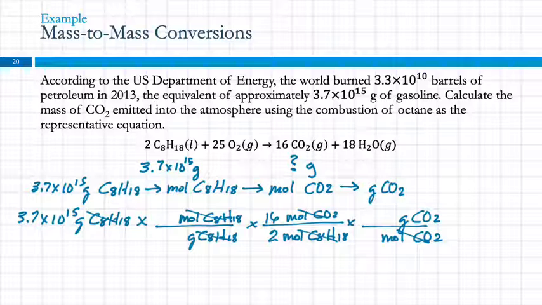Again, you could simplify it, but why? Just leave it alone. How do I convert from grams to moles of octane? I need the molar mass, right? So I'm going to have to calculate that. We do a lot of calculating molar masses. So I have 8 carbons times 12.01 and 18 hydrogens times 1.008.